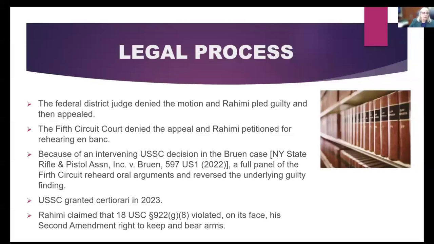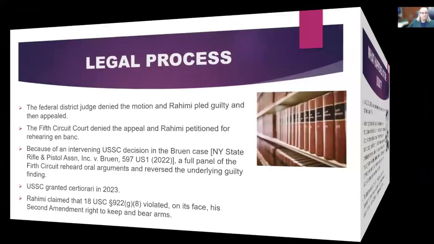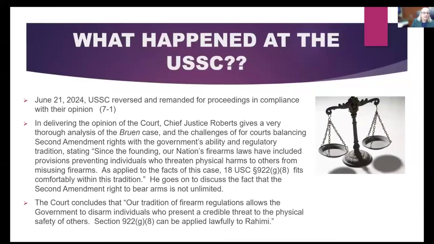So the U.S. Supreme Court then granted cert in 2023. And the result, on June 21st, 2024 of this year, the U.S. Supreme Court reversed and remanded for proceedings in compliance with their opinion.